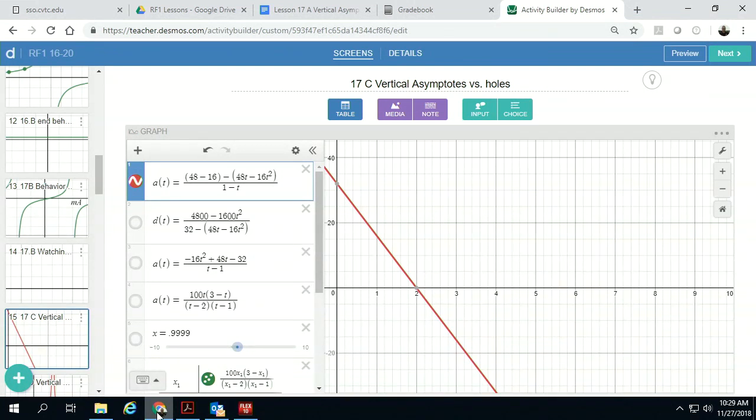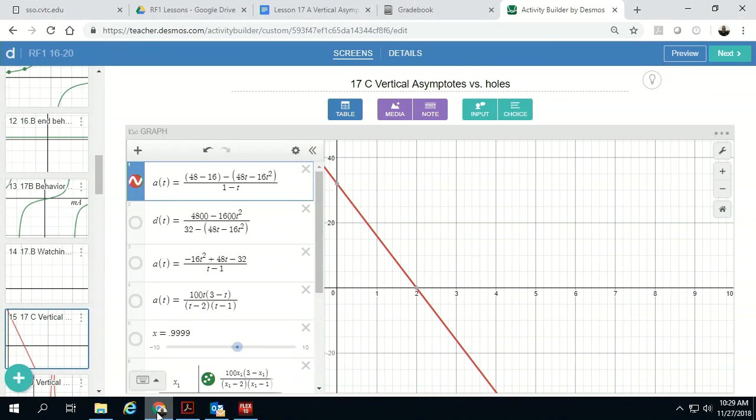Are we okay? We're on the right page, right? Does it have any vertical asymptotes? No. The most common wrong answer is a vertical asymptote at 1. But remember, you have to find the zeros of the numerator and the zeros of the denominator before you can say it has one. Use a graphing calculator or app to check your answer.